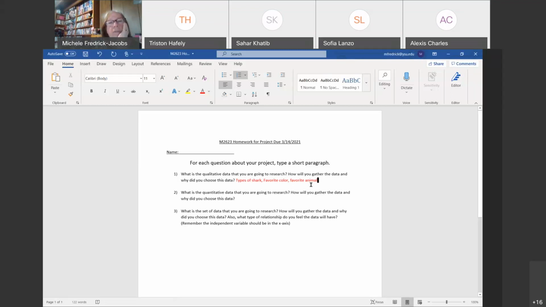If you're finding like favorite animal, if I asked everyone in this room what their favorite animal was, I could get 25 different answers. And so if that's happening, you want to narrow it down. So then if you're going to do favorite animal, maybe you do bobcat, jaguar, cougar, lion, and tiger, if you stick in the cat family, and then ask them their favorite. So if you're getting too big of a variety, then you want to narrow it down and just pick 5 for them to choose.